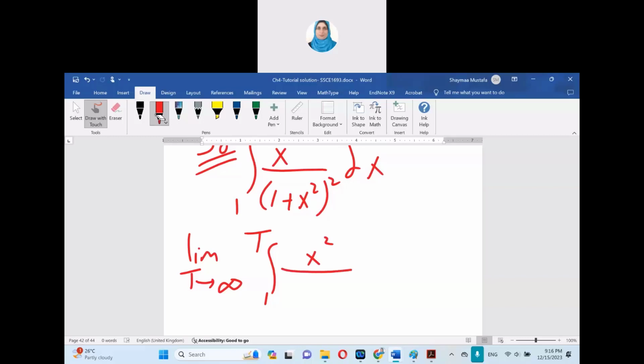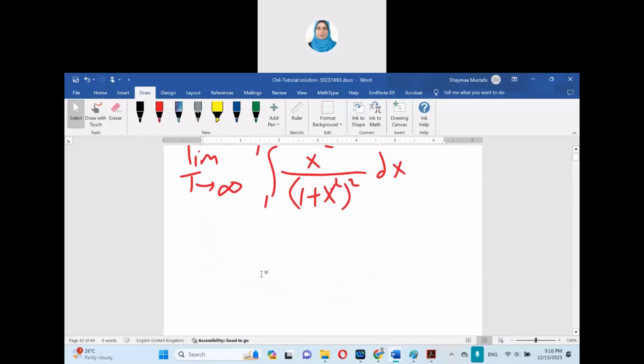Okay, for 5d, the integral of x squared over (1 plus x squared) squared dx. For this one, I think we can use integration by parts. Take u equal to x.